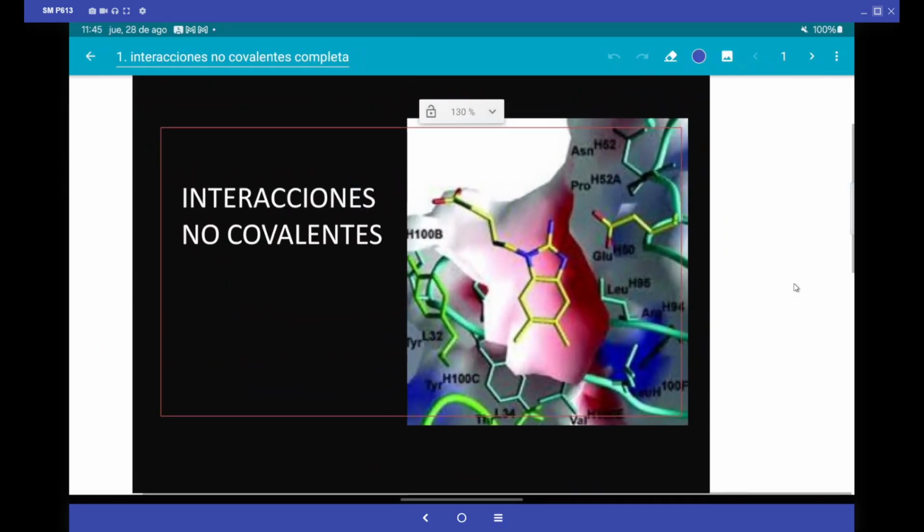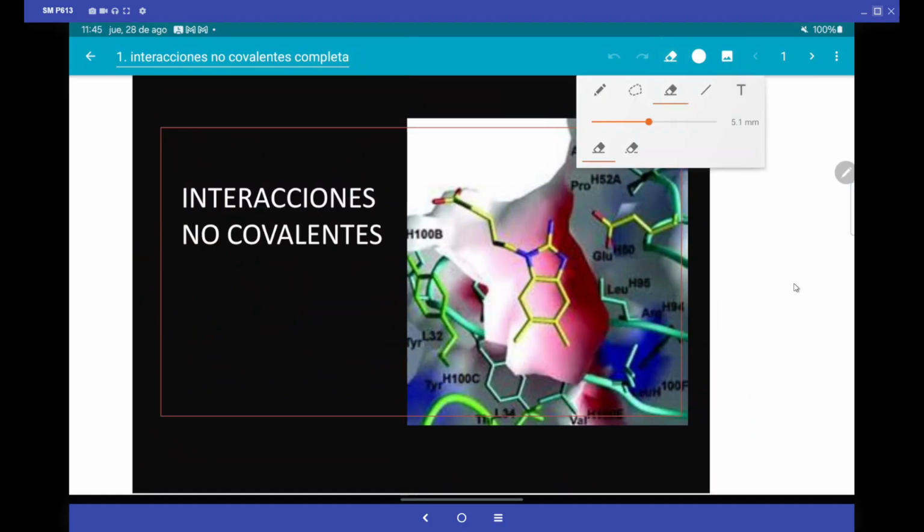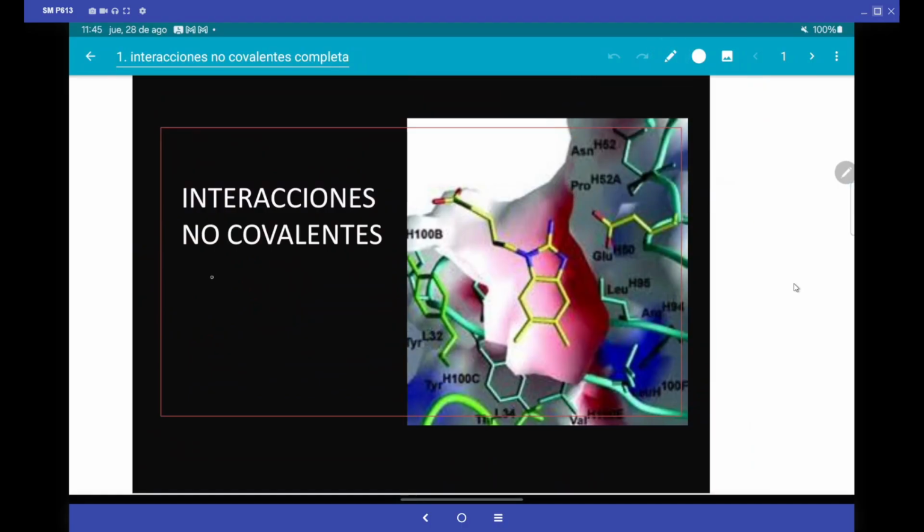When we say intermolecular interactions, we mainly refer to non-covalent interactions, and therefore to those that are going to be necessarily at a distance greater than 2 angstroms. When we talk in terms of energy, most of the interactions are lower than the energy of a covalent bond. How do we define that?